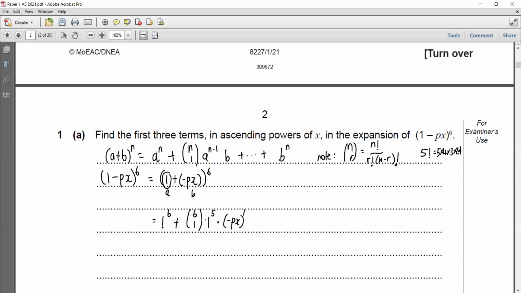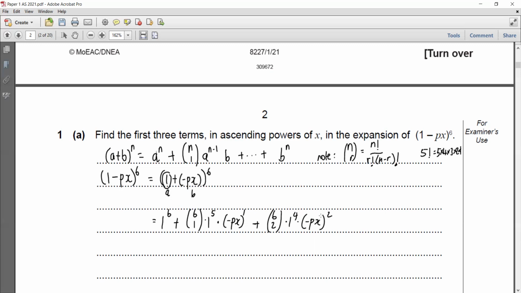So here a has power 6 and b has power 0, and 6 plus 0 is 6. Here there's power 5 and power 1, they add up to 6. And the next one, I would have 6 choose 2 times 1 to the power of 4 times (negative px) to the power of 2. Again, you can see that this 4 and this 2 add up to 6.